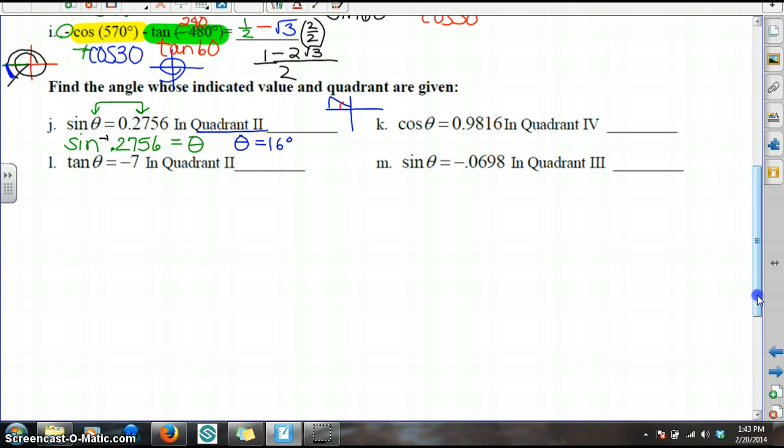That is the angle in the bow tie whose sine is 0.2756, but it's not the angle I'm looking for. Now I'm going backwards with my reference rules and saying this is actually the angle that I'm looking for. Once again, it would be the supplement of that 16-degree angle, and that angle is 164 degrees.